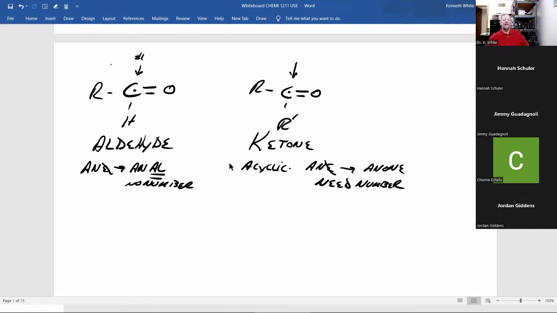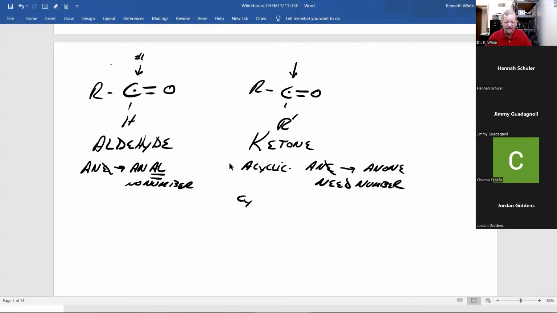And the number has the highest priority of anything on a chain, meaning it should be the one that's closest to the end of the chain and the lowest number that way. And you number all the other alkyl groups as we've done before.